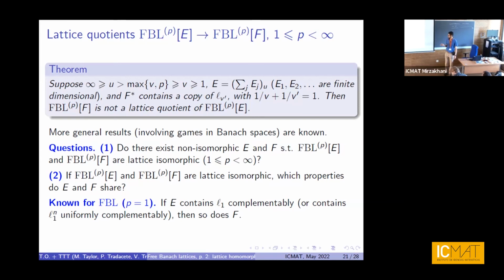Now, if the free Banach lattices of E and F are isomorphic, then the free Banach lattice of F will contain L_1 as a complemented sublattice. And then F will have to contain L_1 as a complemented subspace. We can reach the same conclusion if E contains L_1^n's uniformly complementably, then the same will be true for F.